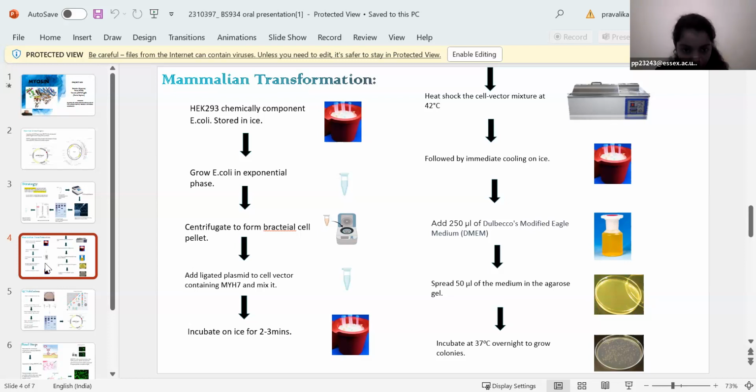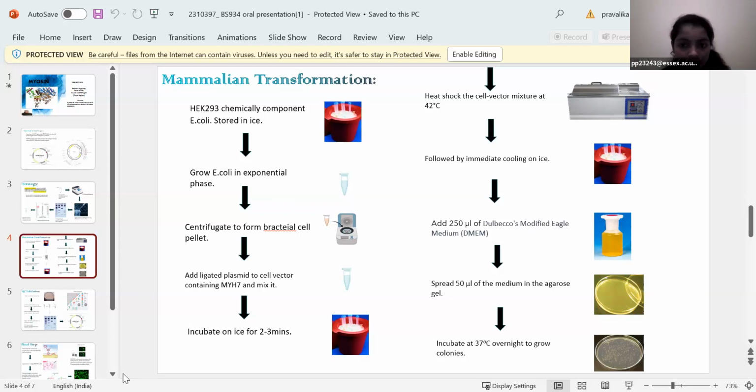mix it, and then incubate it for 2 to 3 minutes, and you have to give a heat shock to the cell vector, making sure it is at 42 degrees centigrade, followed by immediate ice cooling. And then we are going to add the medium.